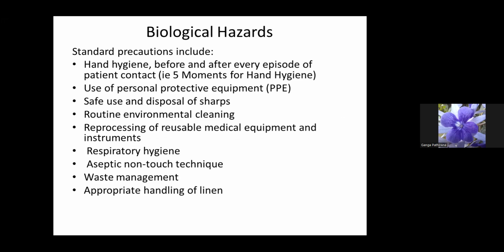I hope you are familiar with the 5 moments of hand hygiene. I will briefly explain it later. They also include the use of personal protective equipment or PPE, safe use and disposal of sharps, routine environmental cleaning, proper processing of reusable medical equipment and instruments, respiratory hygiene, aseptic non-touch technique, waste management, and appropriate handling of linen.